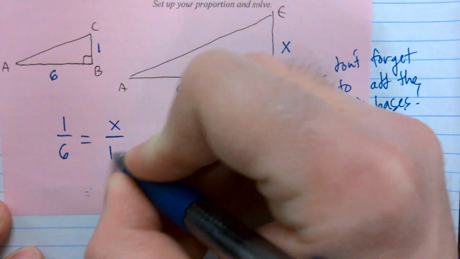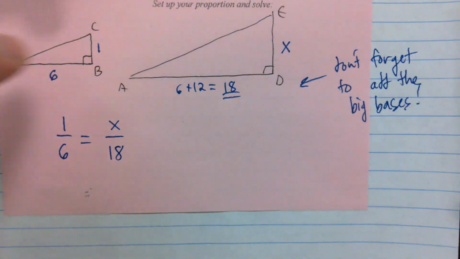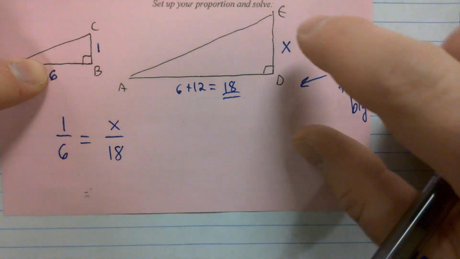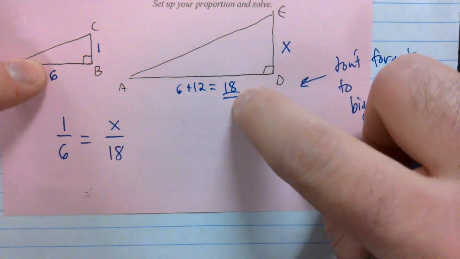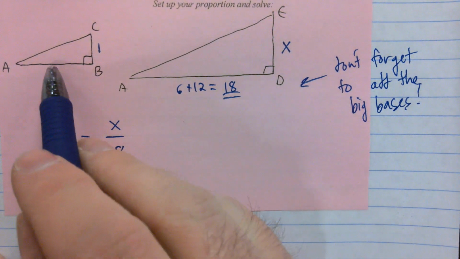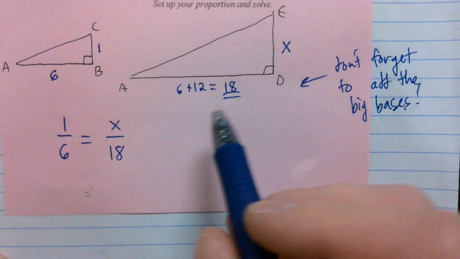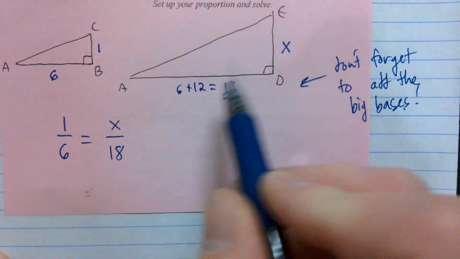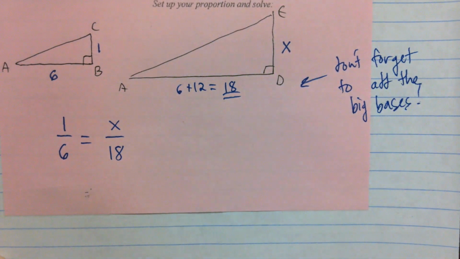X over 18. I've got my right side over my bottom equals my right side over my bottom. I could have done 6/1, but then I would have had to do 18 over x as well.